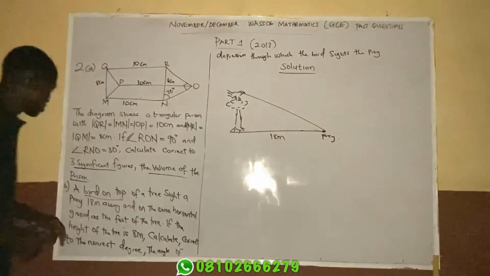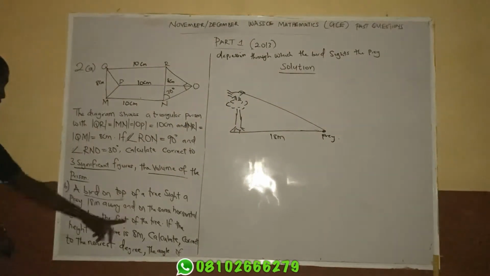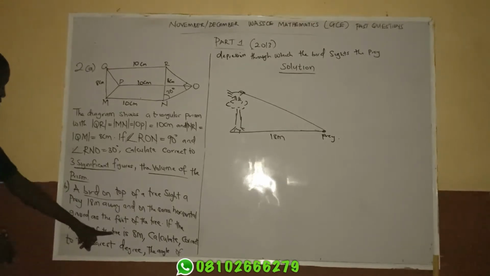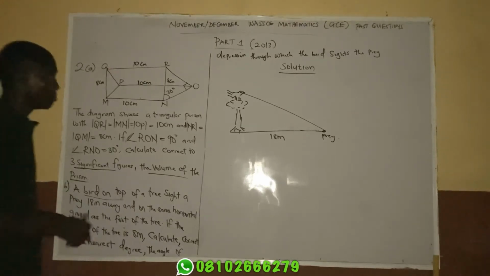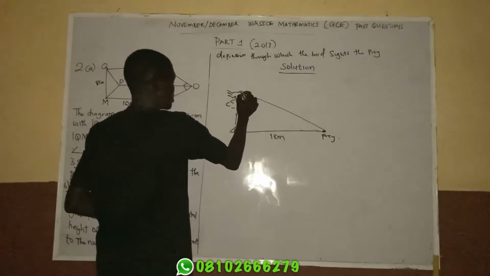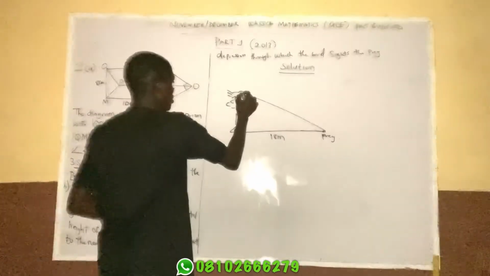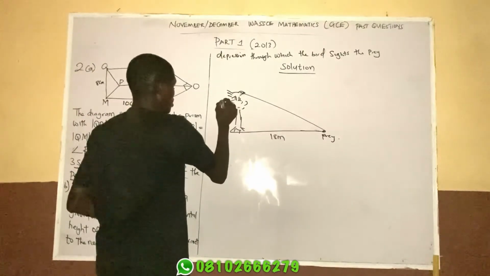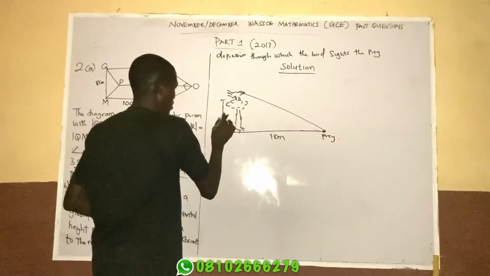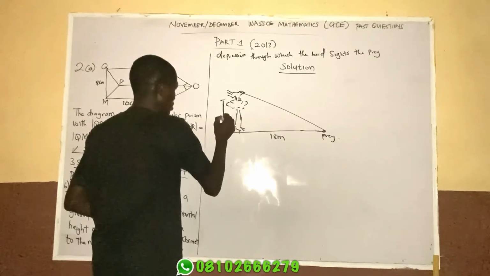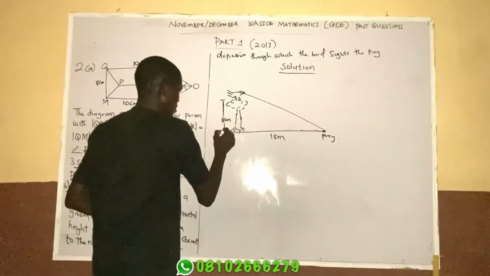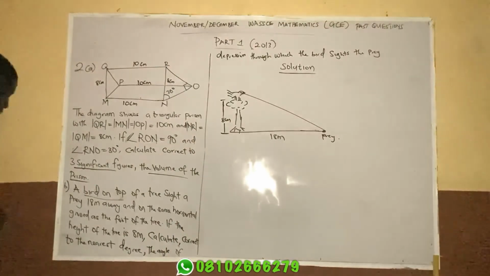Now, if the height of the tree is 8 meters, the height of this tree here is 8 meters.